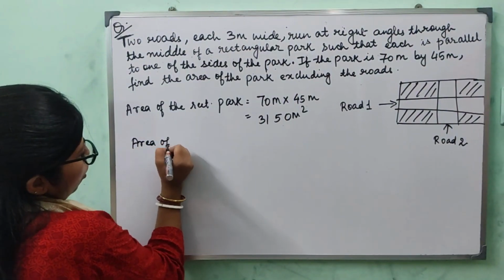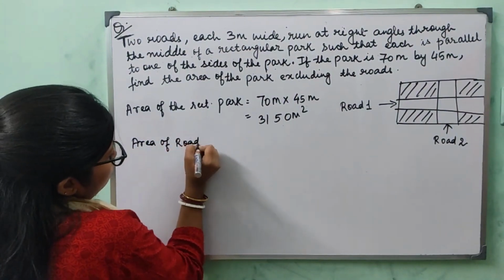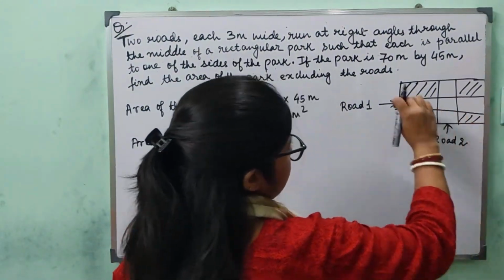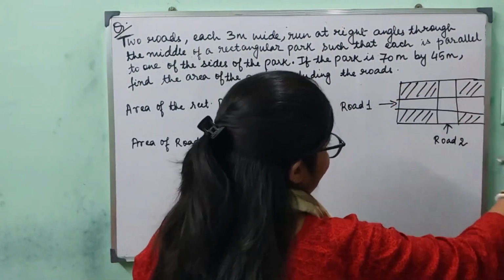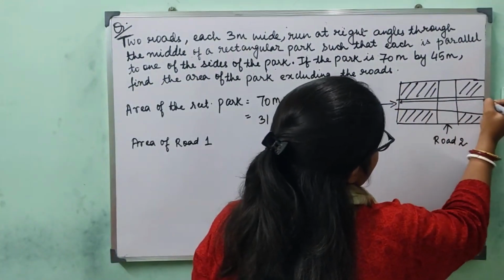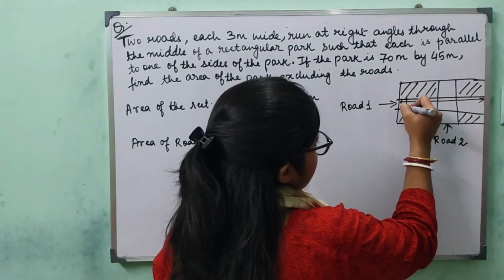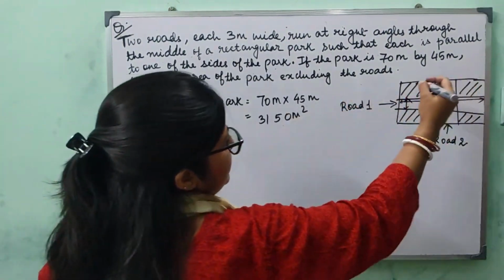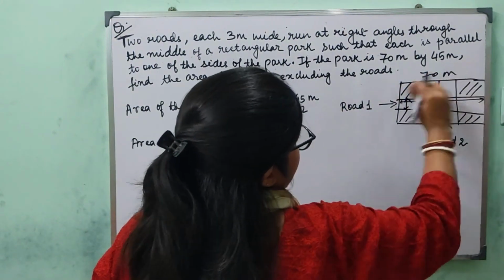Now, area of road 1. You see over here, this road 1 is running parallel to the length. So for this road, this is the length of the road and this is the breadth of the road. The length is the same as the length of the park, that is 70 meter.